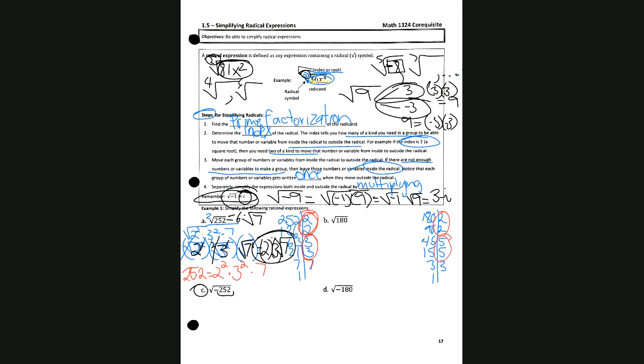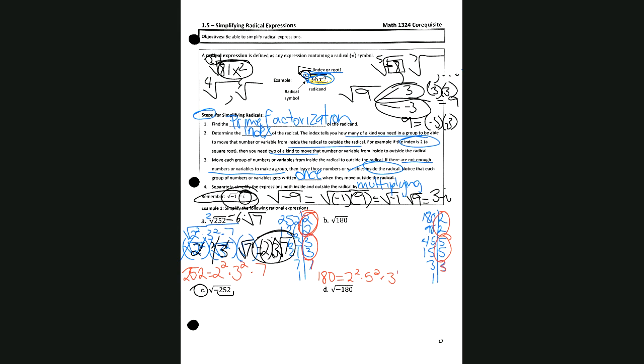If I write the prime factorization of 180, that will be 2 squared times 5 squared, and then times 3. We only have one of those, 3 to the first power.